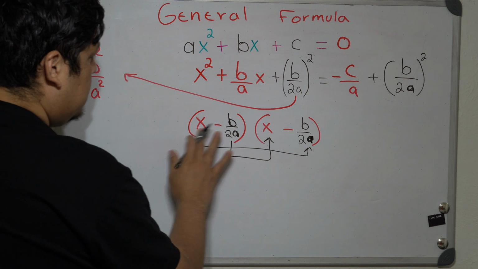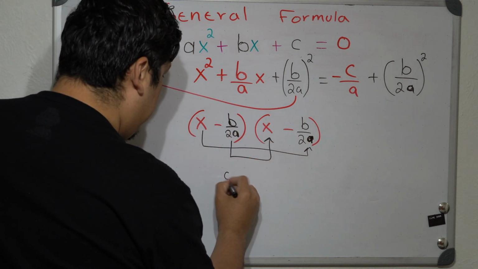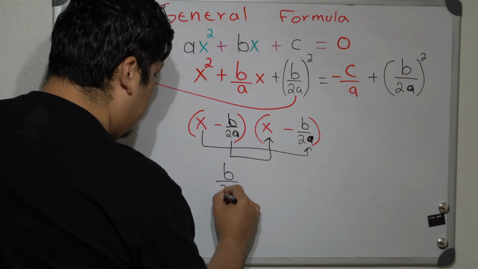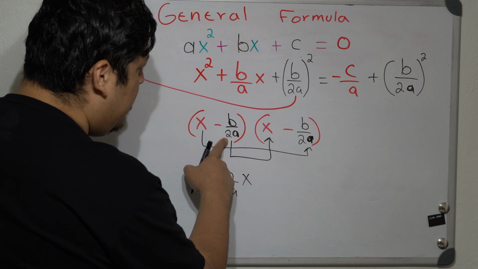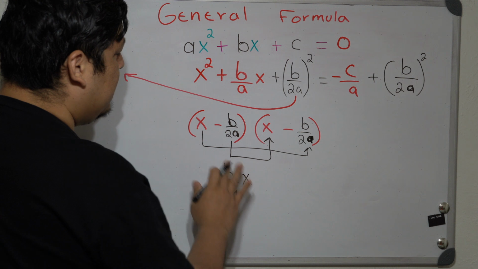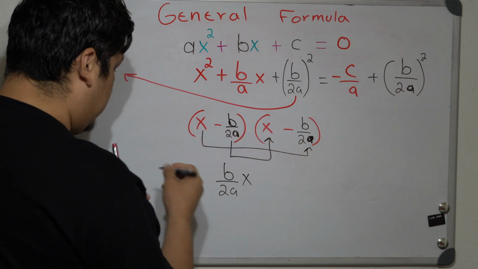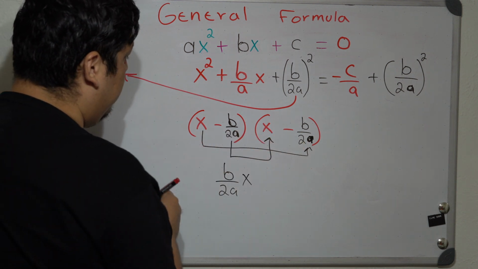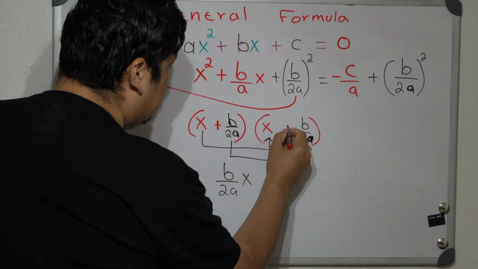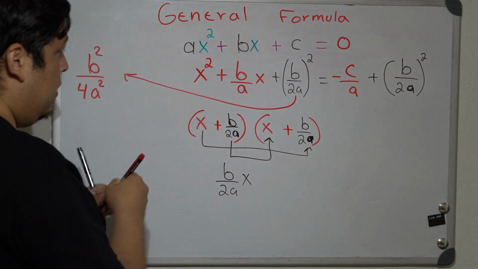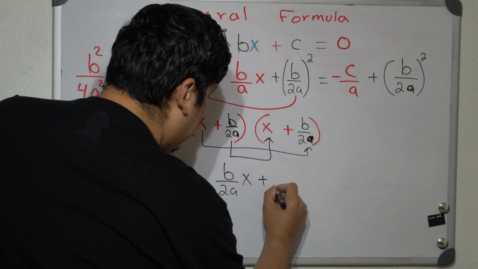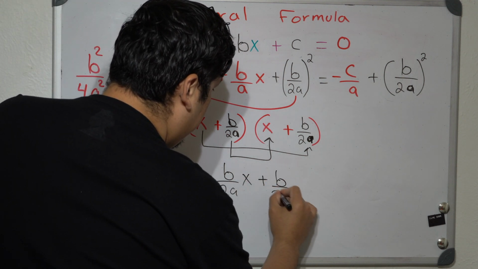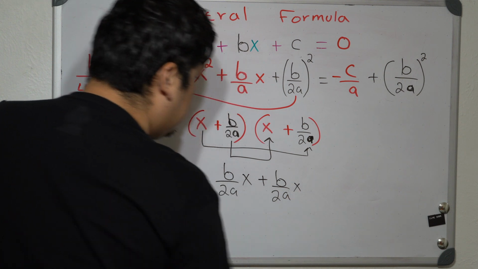So x times this will be b over 2a x. And it doesn't matter, like I said, whether it's positive or negative. I already know that both are positive anyway. So this is positive and that is also positive.